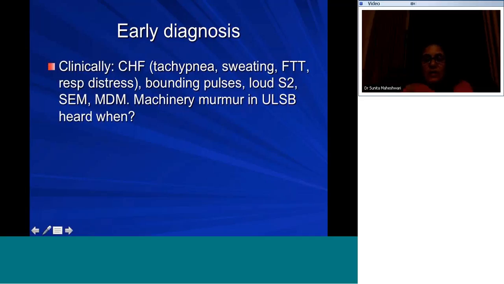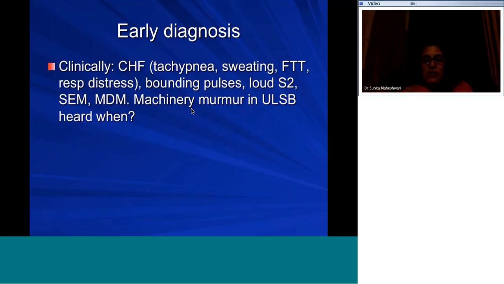So on examination in an AP window, you will have heart failure, bounding pulses, S2 will be loud with a loud P2 component. You may have a systolic ejection murmur, all that flow going across the aortic valve, and an MDM. Why do you get an MDM in an AP window?